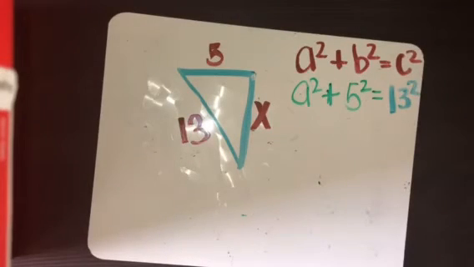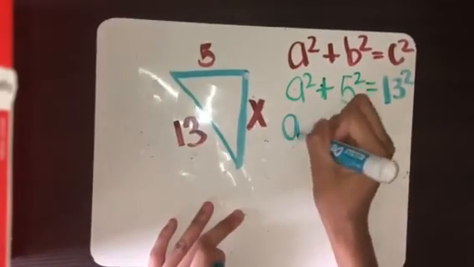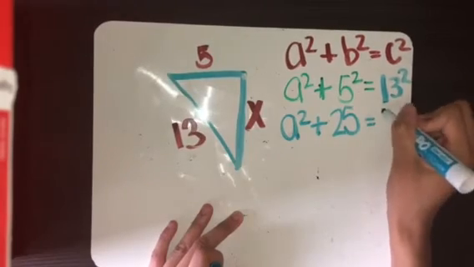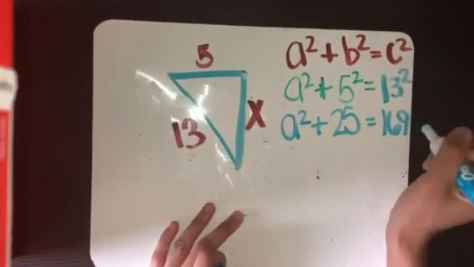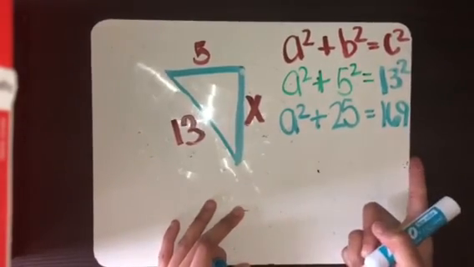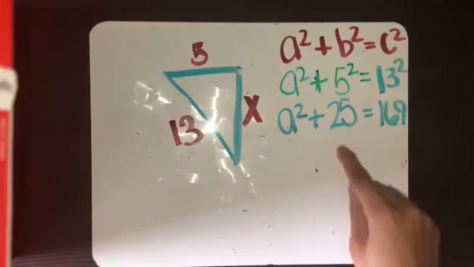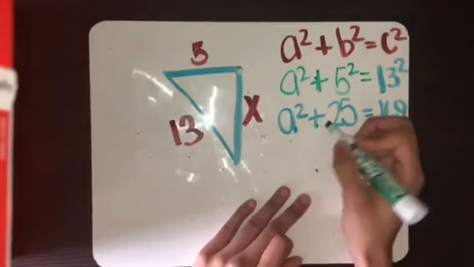So now we're going to try to solve this. I know it may look kind of tricky, but I promise it's easy, all right? So now we have A squared plus 25 equals 169. This is basically an equation. What you do to one side, you do to the other, and then just basically your opposite operations. So the opposite of adding 25 is what?